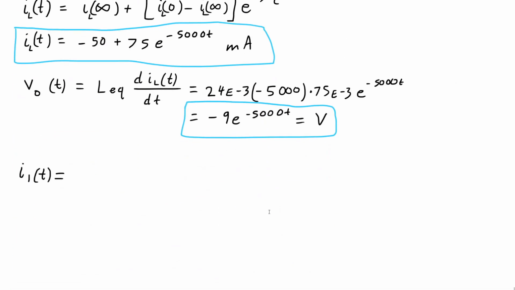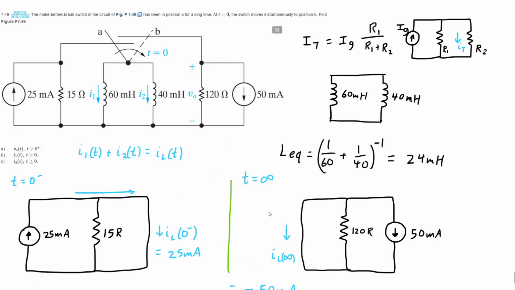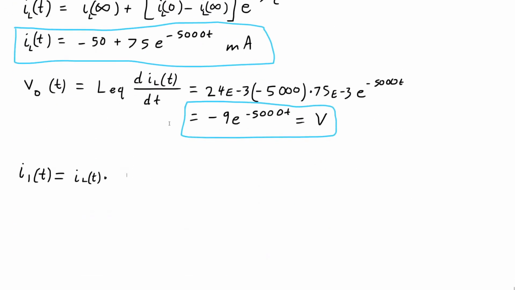So we're going to take IL(t) and multiply by this ratio. Since I1 is through the 60 millihenry one, we want 40 millihenry on top over 40 plus 60. I'm not going to worry about the order of magnitude because, like I said, it's going to wash out. The ratio is what's important.